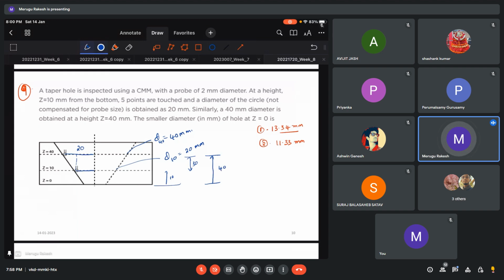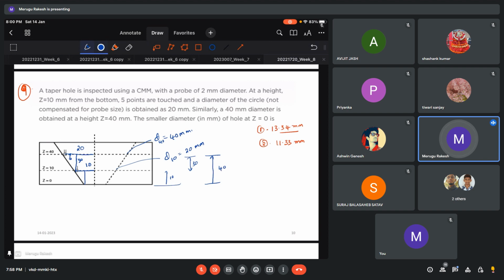This total distance is 10. So we'll have this as 10. And this height is 30.